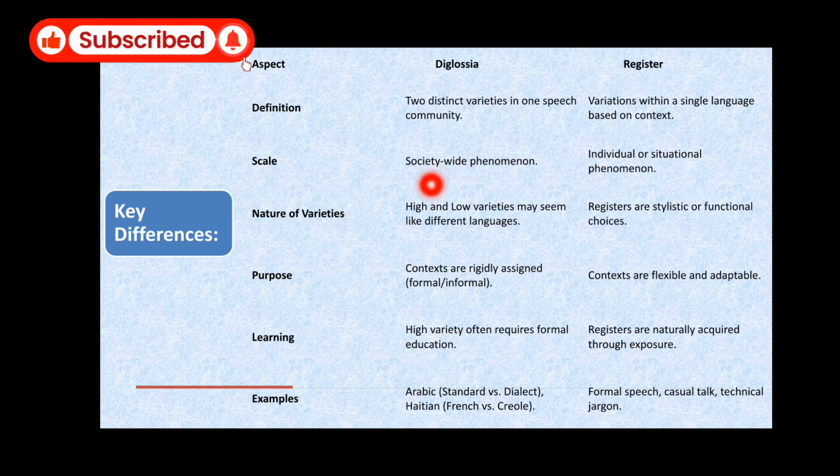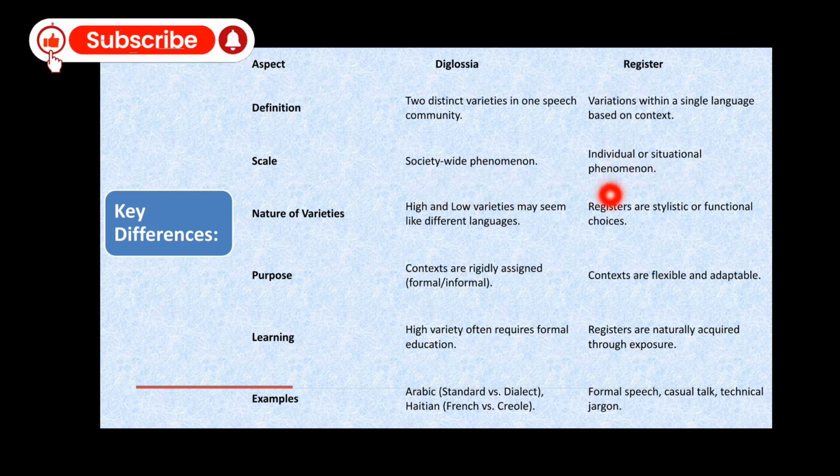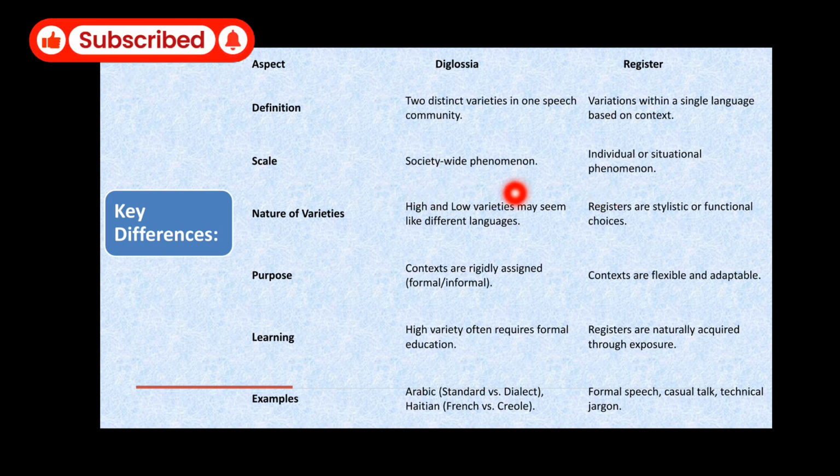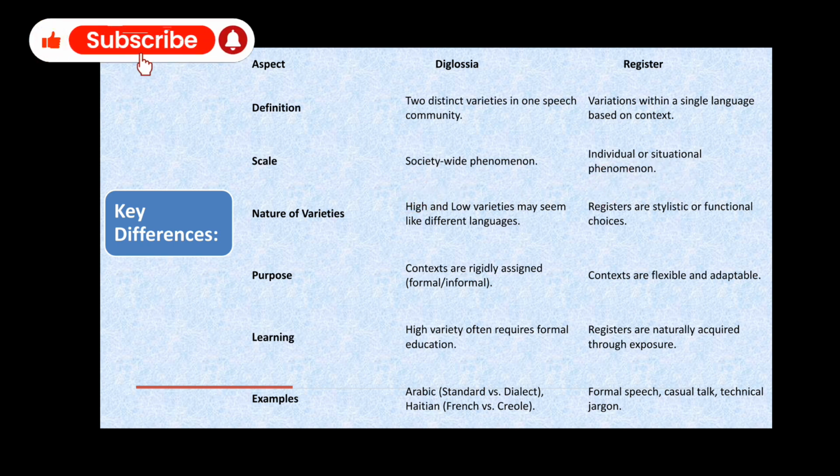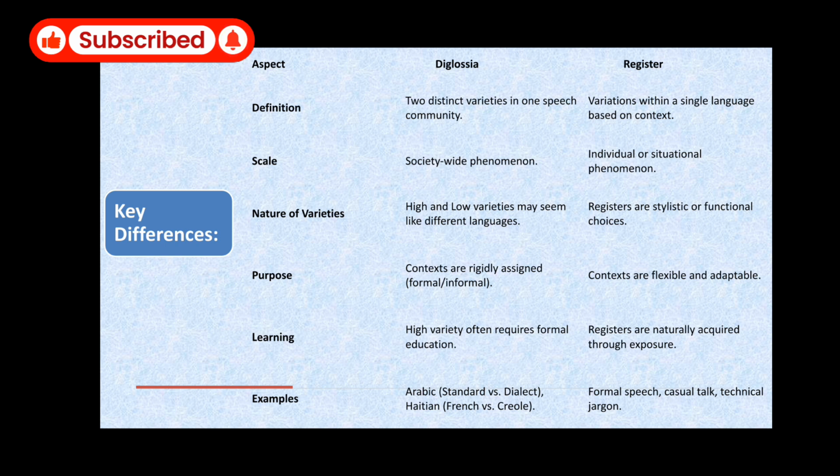Scale: societal, wide phenomenon. Which one? Diglossia. And individual or situational phenomenon: register. Diglossia is not an individual phenomenon. It's a societal, large or wide phenomenon as a whole society. And this one is an individual or situational phenomenon.